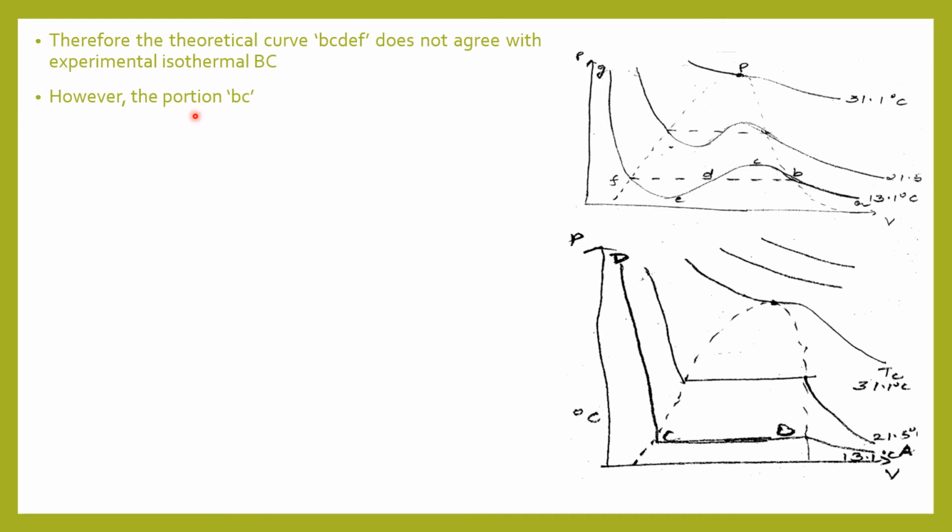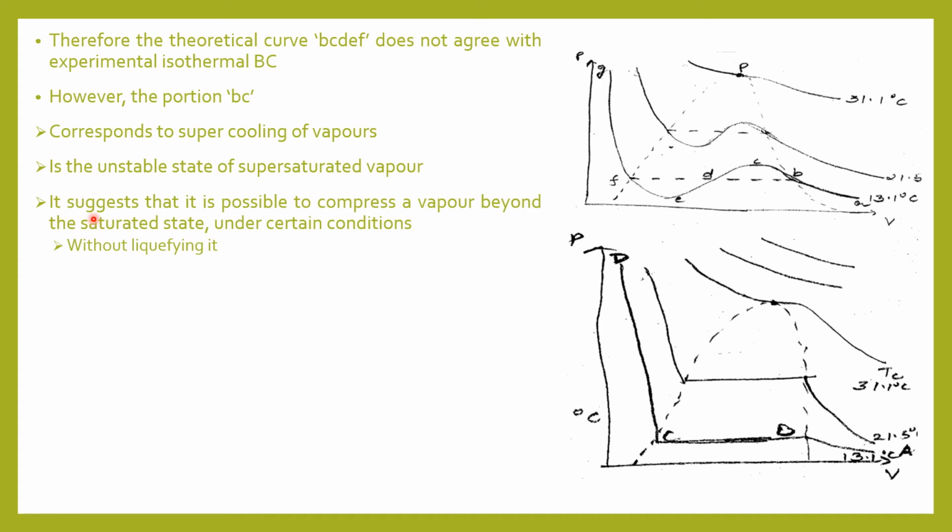However, the portion BC corresponds to supercooling of vapors. It is the unstable state of supersaturated vapor. It suggests that it is possible to compress a vapor beyond the saturated state under certain conditions without liquefying it.